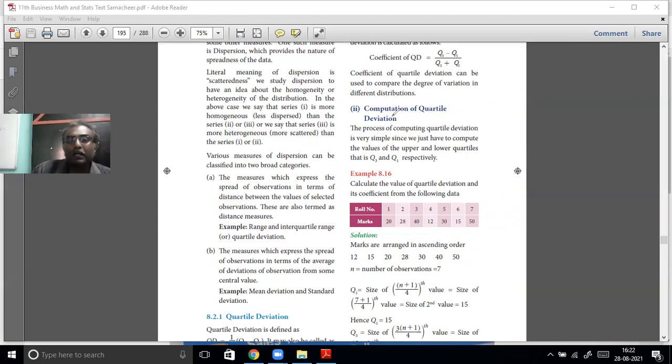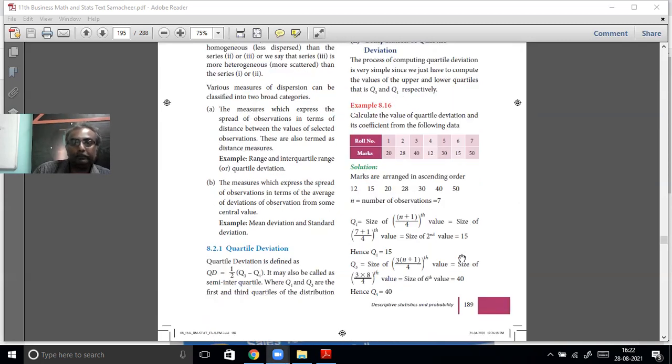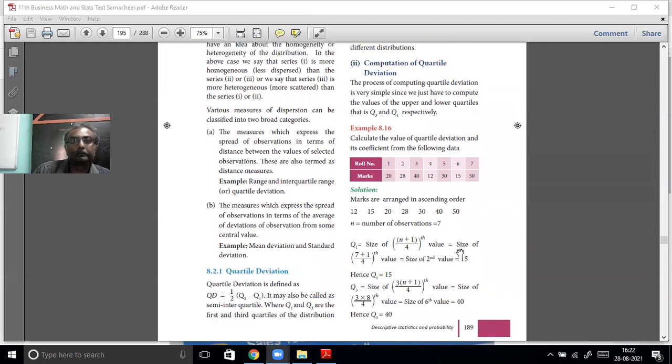Now let us compute this quartile deviation with an example. Here you have one series. The marks are 20, 28, 40, 12, 30, 15, 20.